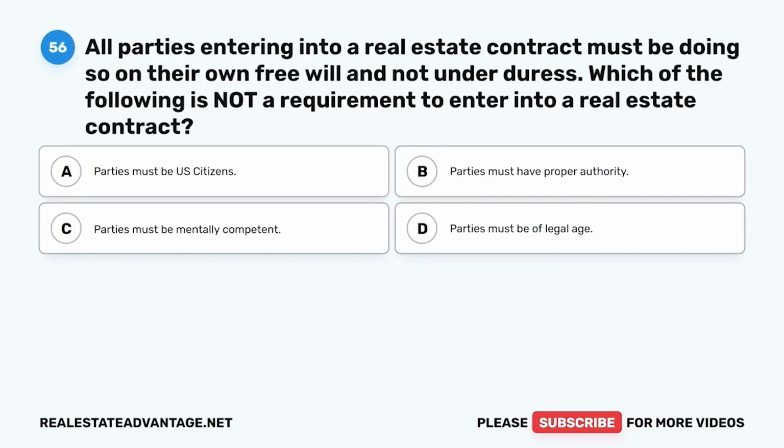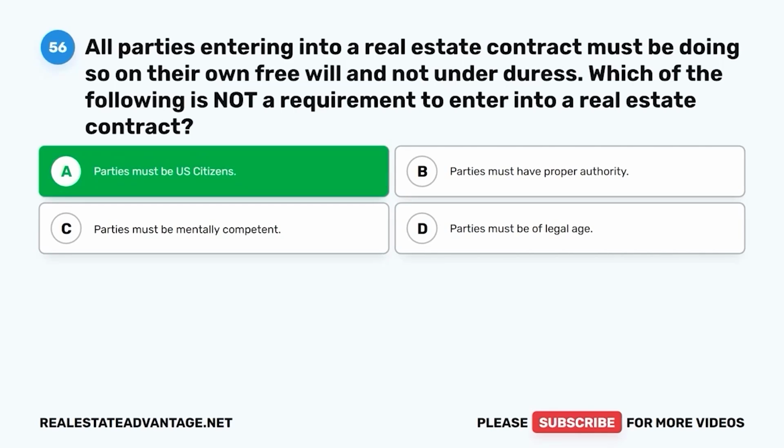Question 56. All parties entering into a real estate contract must be doing so on their own free will and not under duress. Which of the following is not a requirement to enter into a real estate contract? A, parties must be U.S. citizens. B, parties must have proper authority. C, parties must be mentally competent. D, parties must be of legal age.